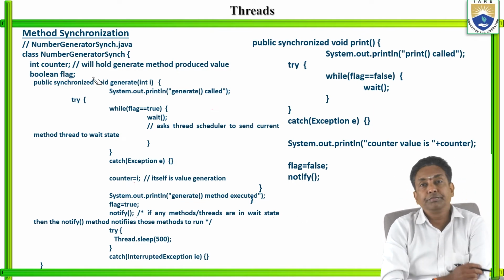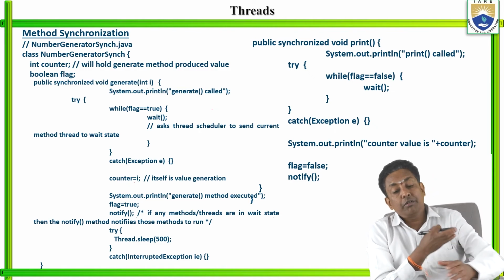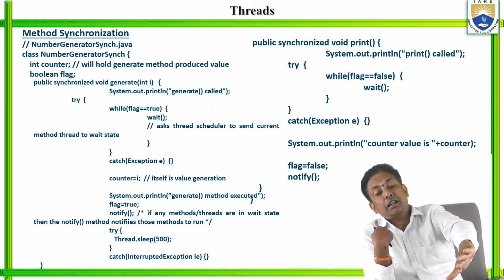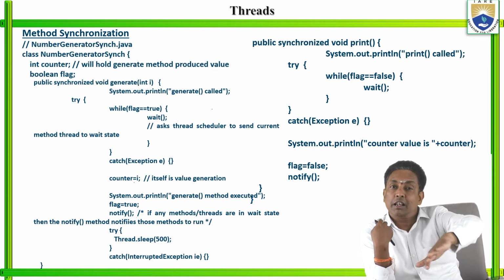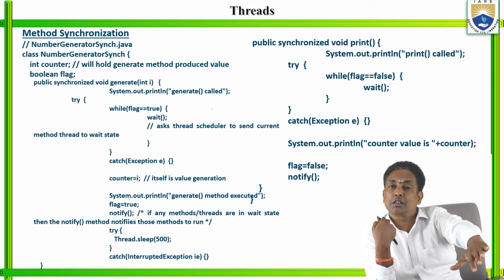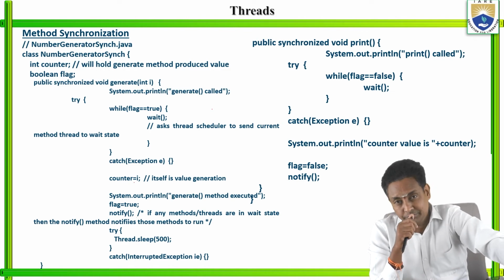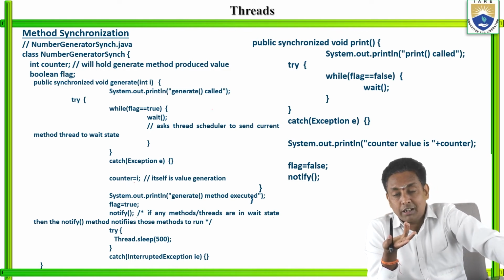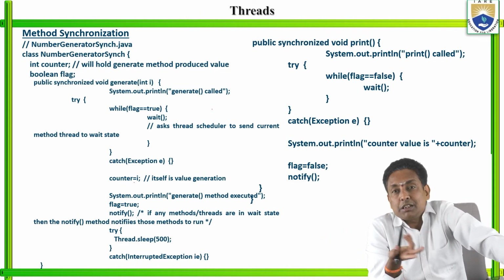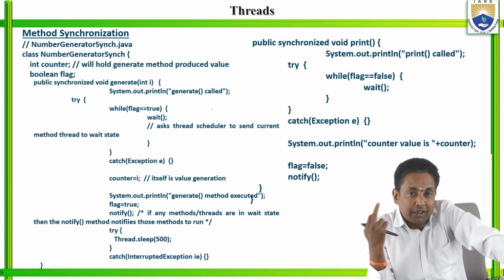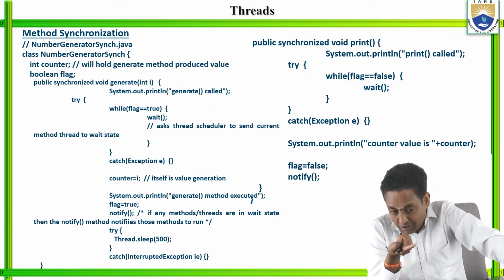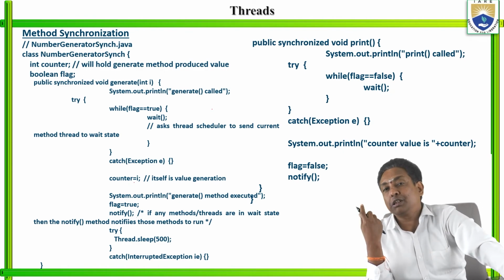So if the generate and print methods want to run synchronously, they run synchronously; if they don't want to, they don't. But how can the client control them? Because if the methods are already declared as synchronized, the client who is using these methods cannot control synchronization on these two methods.